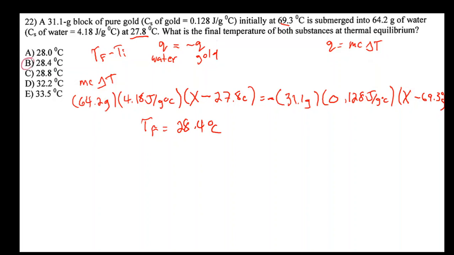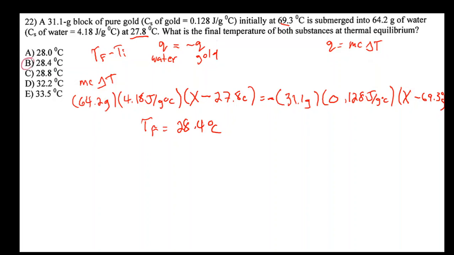A great way that you can quickly mentally double check the answer is, when you're mixing a hot and cold object, your temperature should ideally be between the hot and the cold temperature. Well, it has to be. So you want your answer somewhere between 27.8 and 69.3, so yes, that makes sense. Another thing you want to double check is the specific heat capacities.